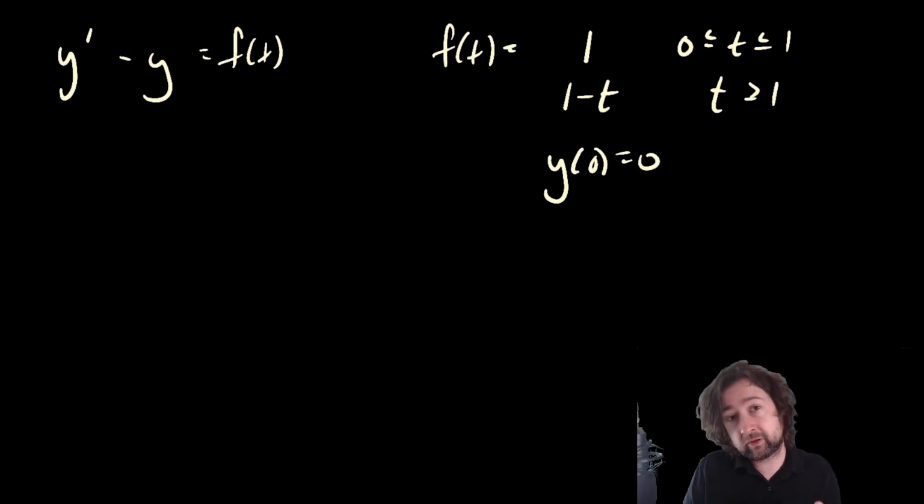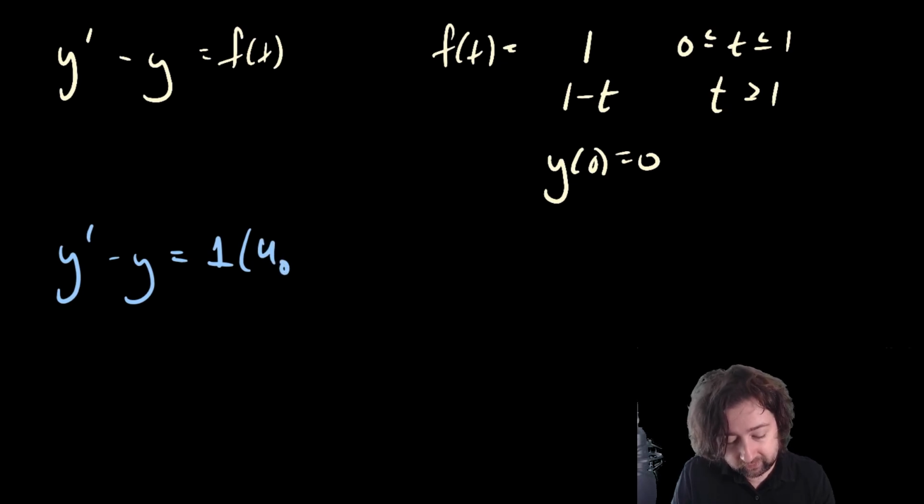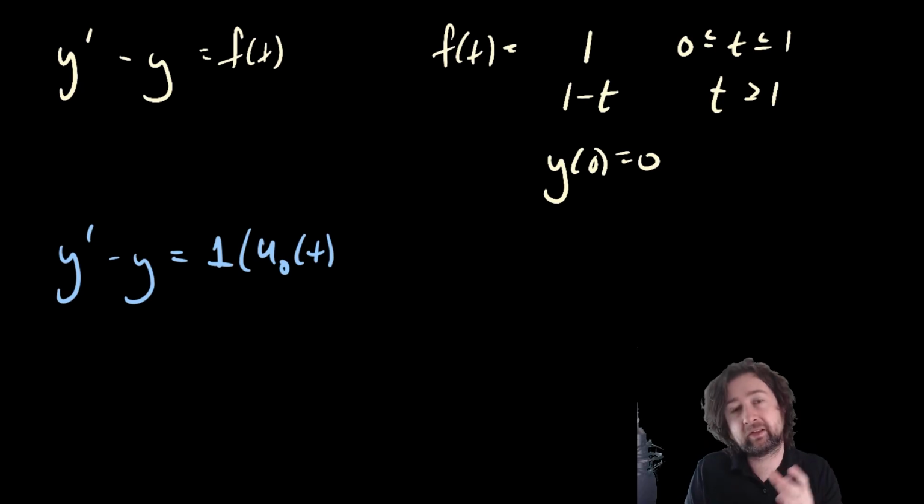So the first thing we're going to do is translate f into a single function using unit steps. So we write down y prime minus y is equal to, okay, well the function is just 1 for a while, so 1 times u0 minus u1 of t. Again, u of 0 and 1 are the same function, but it's consistent to always be using unit steps to turn things on and off.